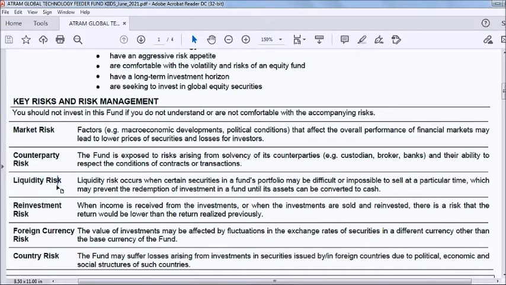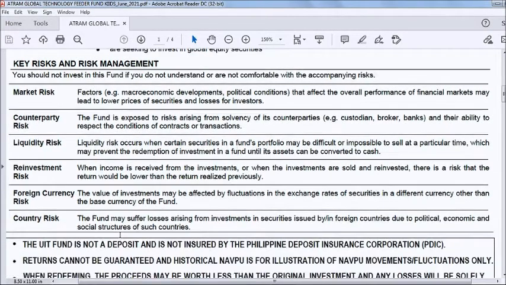Next, liquidity risk. Liquidity risk occurs when certain securities in a fund's portfolio may be difficult or impossible to sell at a particular time, which may prevent the redemption of investment in a fund until its assets can be converted to cash. So, it also has liquidity risk.